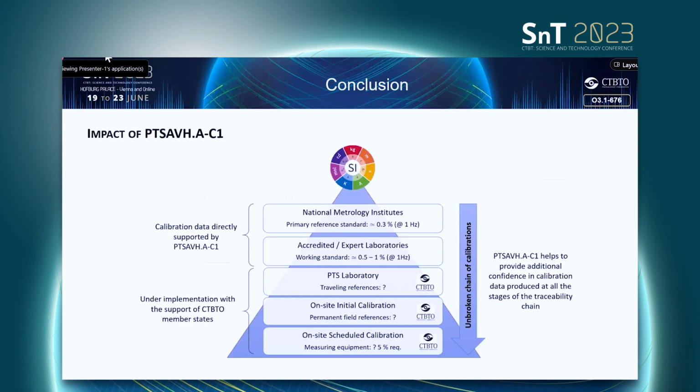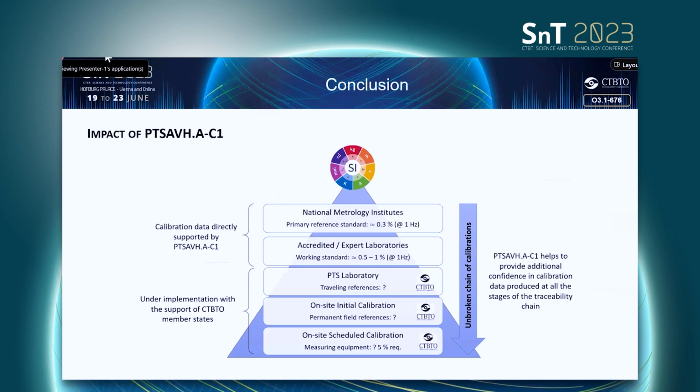In terms of impact on the metrological traceability chain, this comparison involved an NMI and an expert lab. So the results provided by this comparison directly support the data provided by these institutes, the 2 first steps of the metrological traceability chain.